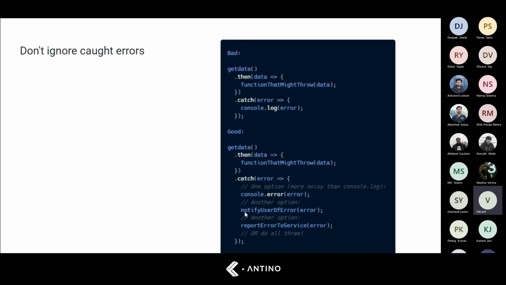No, these notify user of error functions are not inbuilt functions. These two functions you can see here are not inbuilt, but console.error and console.log are the inbuilt functions here. You can take some action regarding this instead of just simply logging out the error. Because you might have seen we have multiple API calls throughout the code base, and we are maintaining them.